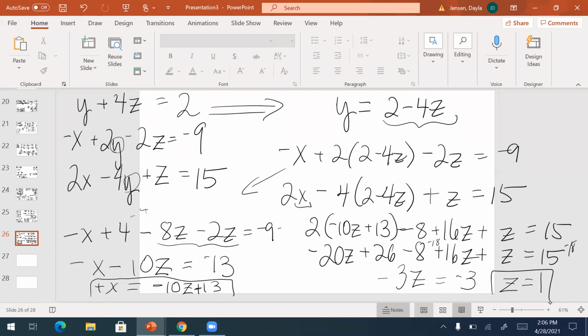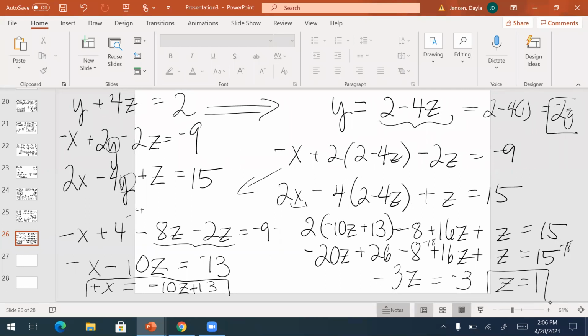All right, now I've got to work backwards. If z is 1, let's go back up here and find out what y is. 2 minus 4 times 1 equals negative 2. Y is negative 2. If z is 1 and y is negative 2, then I can go back into either one of these other equations.